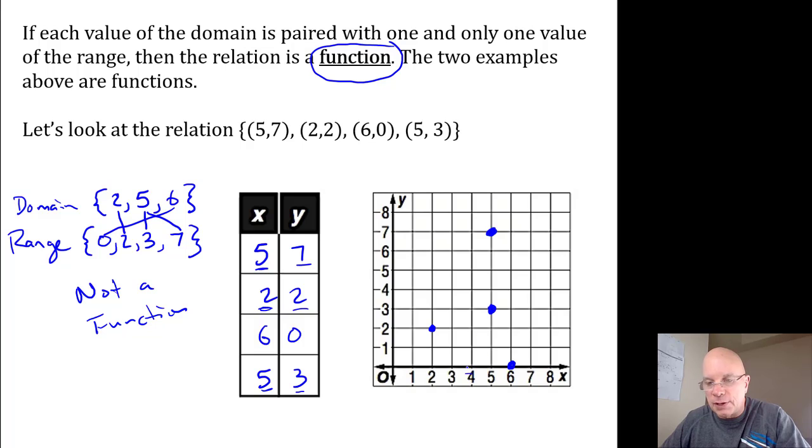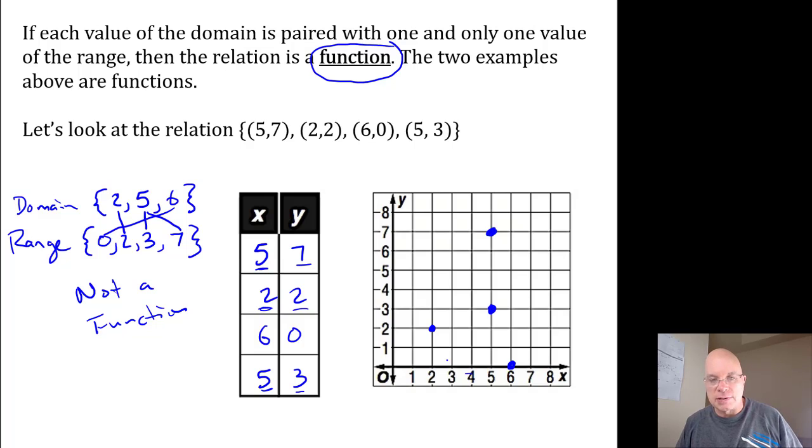And just to bring it back to that dieting example, after 5 weeks of dieting, I can't have lost 3 pounds and 7 pounds. You can only have one possible output for each input value.